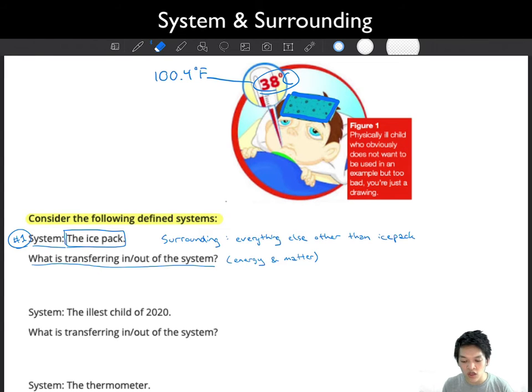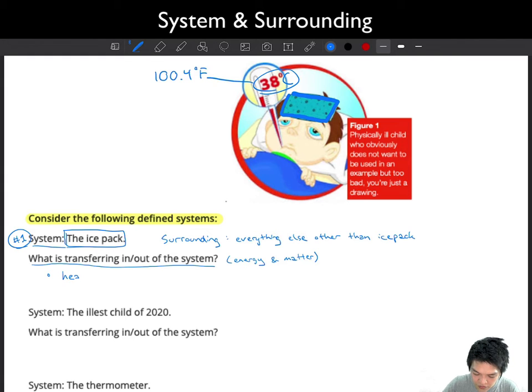The heat is transferring from the kid into the ice pack. That is how you have to think about it. Heat is transferring from the kid to the ice pack. And since the kid is losing heat, the kid is feeling cold. It's the fact that heat is leaving the kid that's why the kid is feeling cold from the ice pack. Alright?